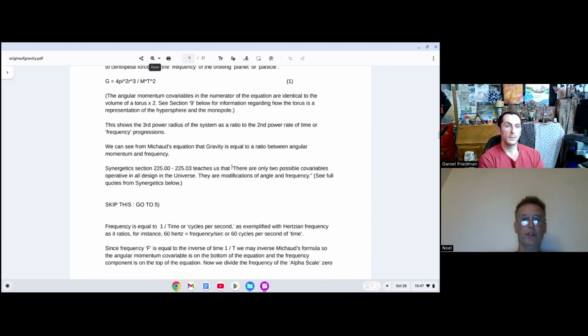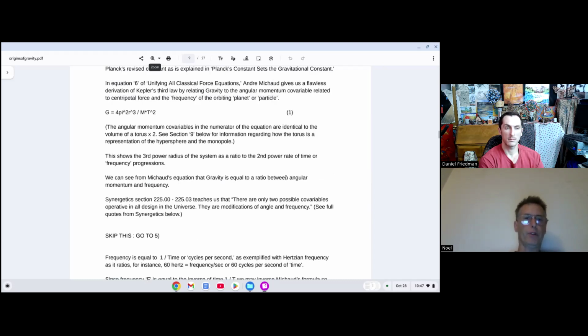Synergetics teaches us that there's only 2 possible covariables operative in all designing universe. They are modifications of angle and frequency. Okay, let's keep that in mind. Remember, time is related to frequency in synergetics, and mass is related to frequency also. This here we can notice as, for instance, 2 pi r.